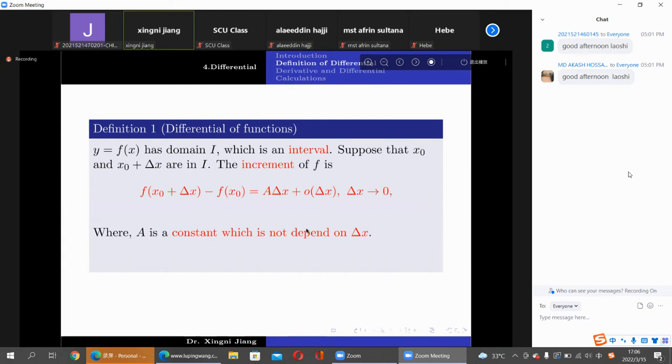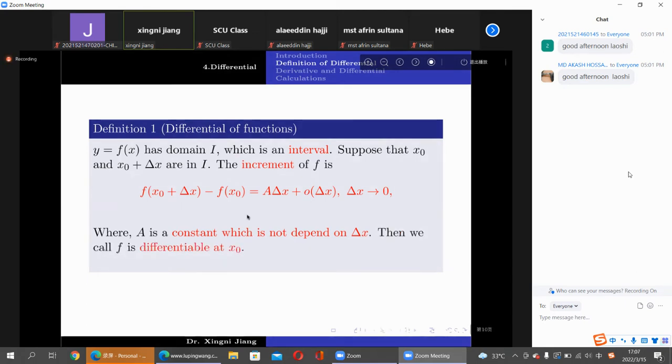That means a does not depend on delta x, but it might depend on x0. So it's something related to x0, but not delta x. Okay, a does not depend on delta x, and another part is a higher order infinitesimal of delta x.